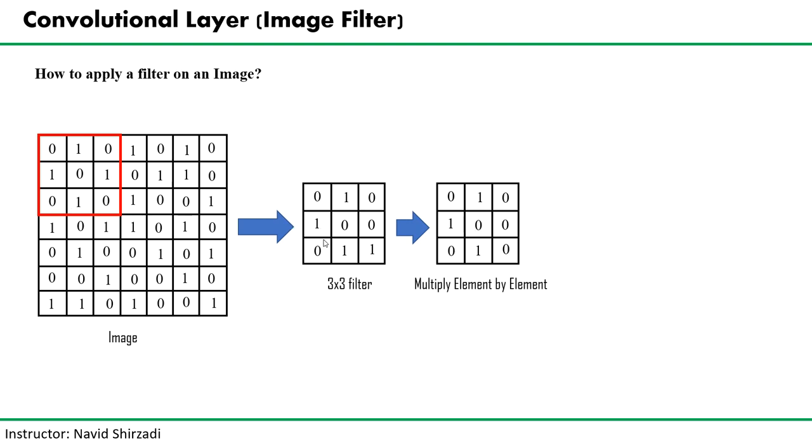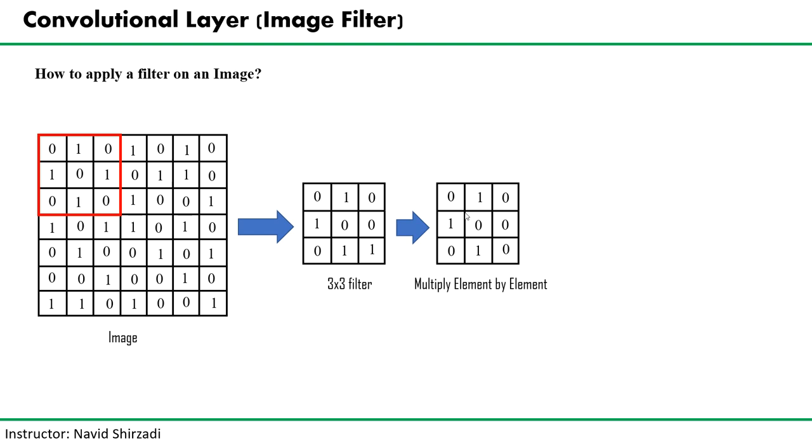So we are putting this filter on this part of the image and multiplying each value element by element. And what we have at the end is summing up all these numbers.